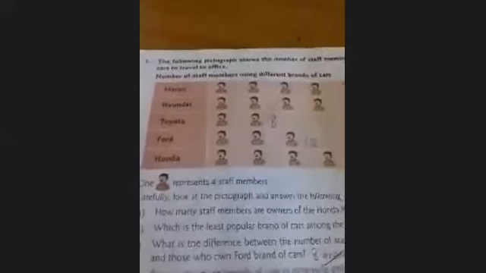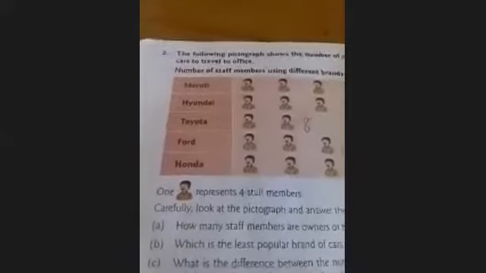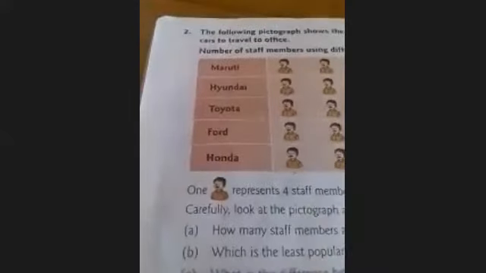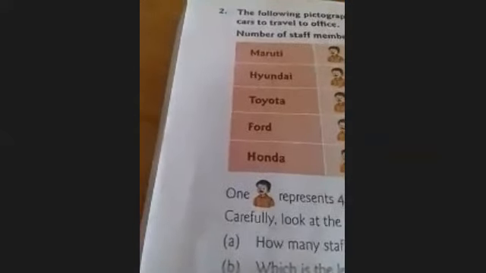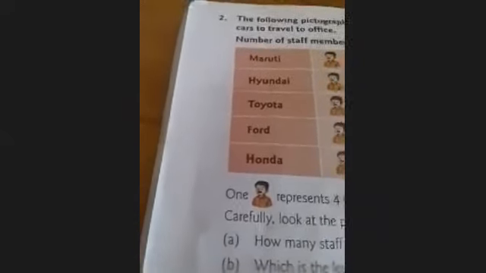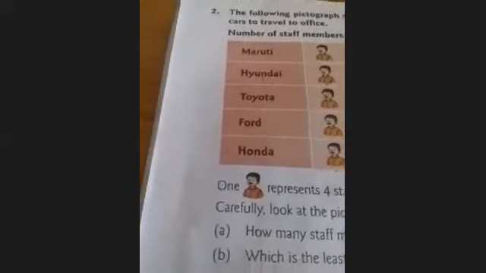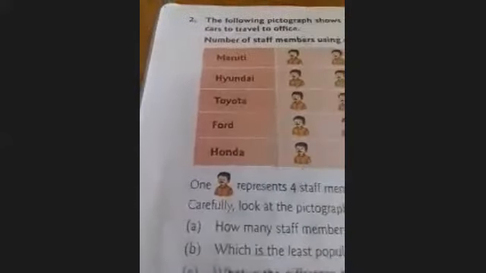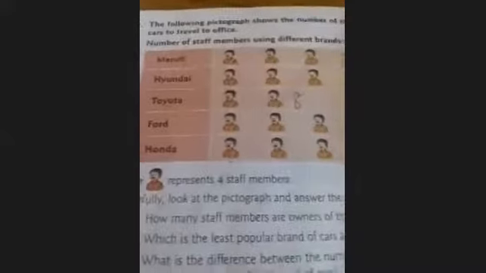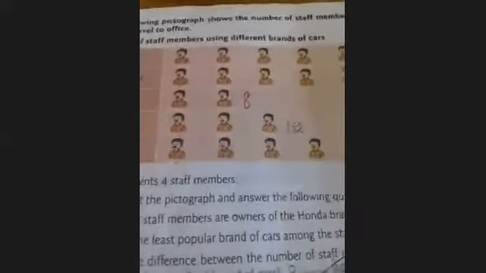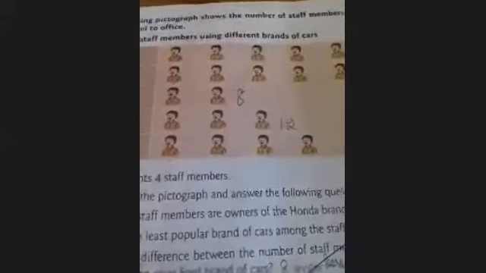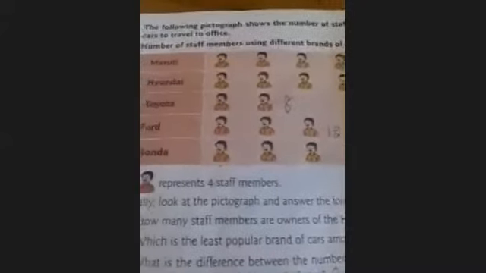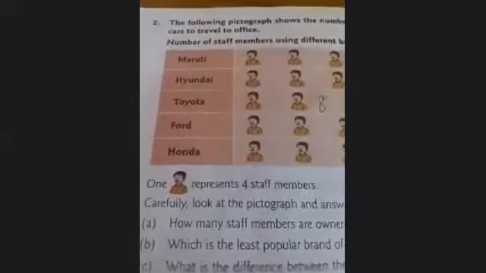Here students, you can see this pictograph is divided into two parts. First part shows the brand of cars: Maruti, Hyundai, Toyota, Ford and Honda. And second part shows the number of staff members who use these brands.